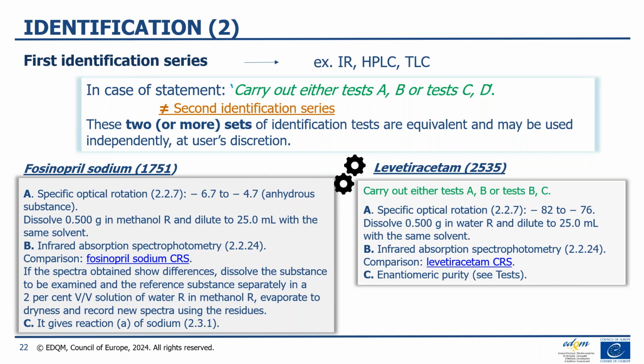In the case of the levetiracetam monograph, the user has a choice. The user can perform either specific optical rotation and infrared spectrophotometry, or choose to perform enantiomeric purity and infrared spectrophotometry.